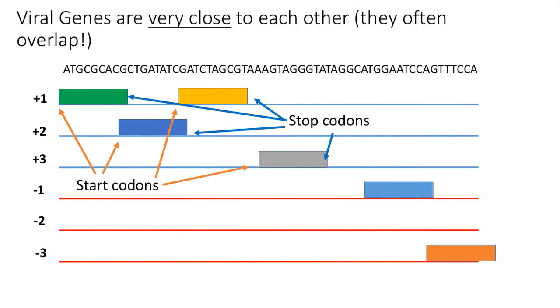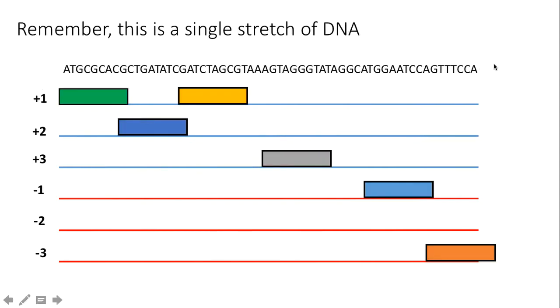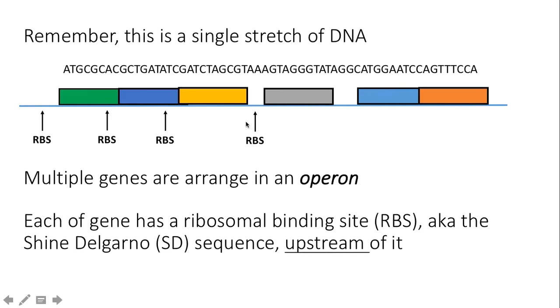But keep in mind, this is still just one DNA sequence. They're just in different reading frames. There's only one genomic sequence here. So even though we look at this in the reading frames like this, it's actually like this. These genes are overlapping oftentimes.